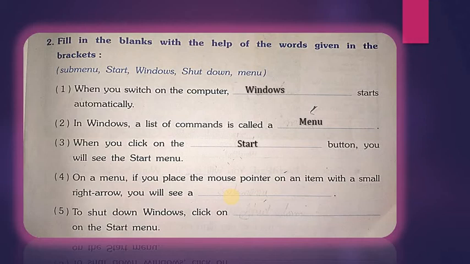In the menu you click and you can see the mouse pointer on the item with the small right arrow. It is possible if you have a computer, so you must click on the view button, file menu on the notepad, and you can see the right arrow on the items.